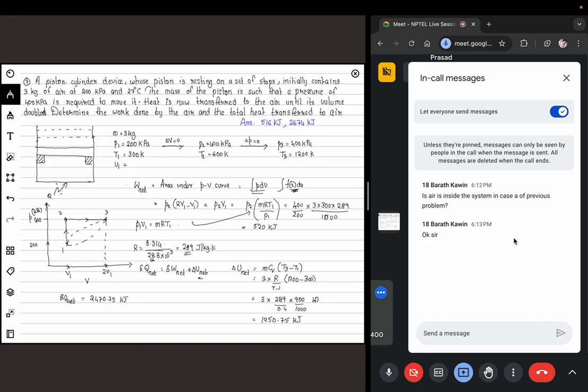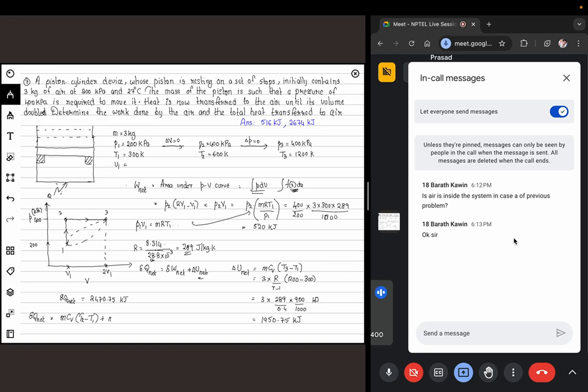Alternatively, you can also see that the first process is an isochoric process. If it is an isochoric process, the work done in this case is 0, since volume is constant, so P dV is 0. So the net heat interaction will be m Cv delta T, that is equal to the internal energy change. The second case is an isobaric process, so the heat change you can directly write as m Cp delta T. So delta Q net is m times Cv times T2 minus T1 for the first process.